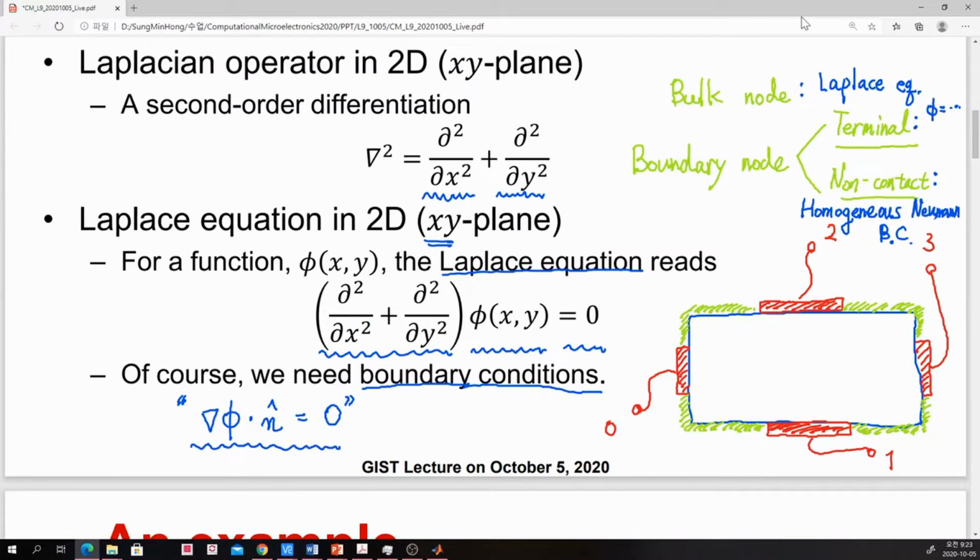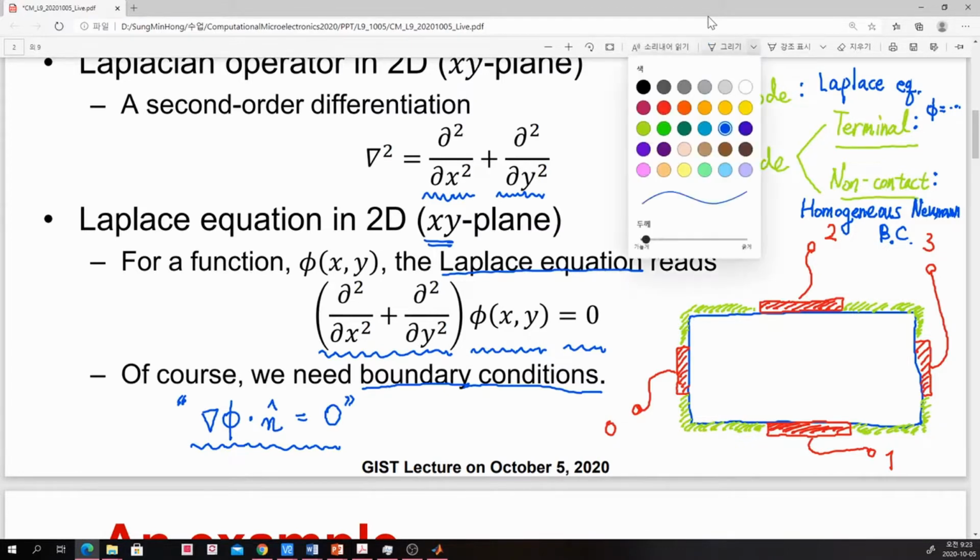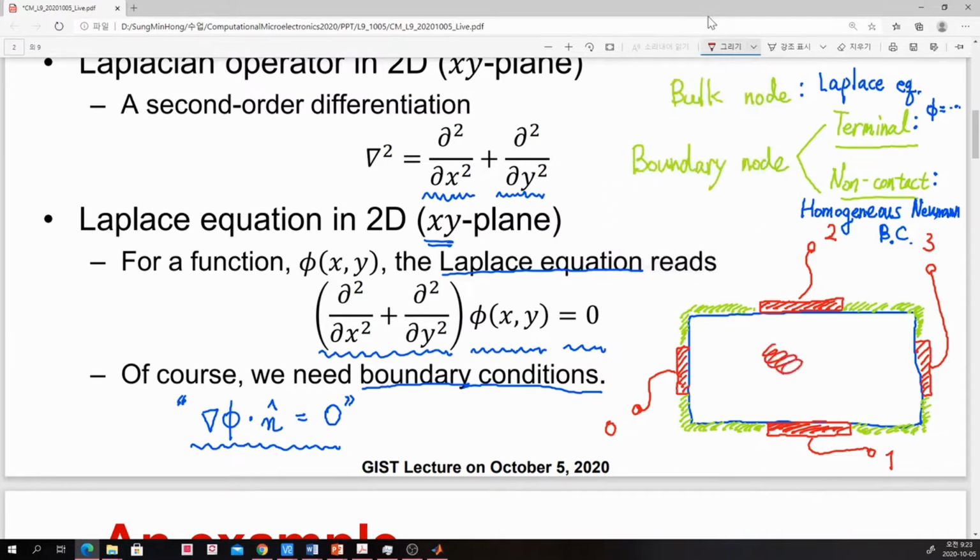The reason why you have this type of homogeneous Neumann boundary condition for a non-contact boundary is usually that we think in this way. We believe that anything interesting occurs in the center of our simulation domain.